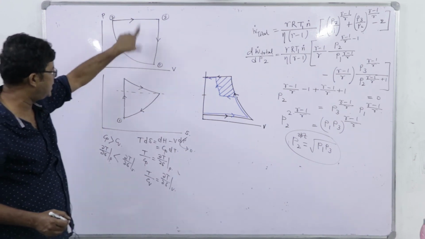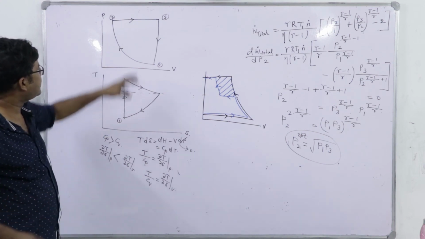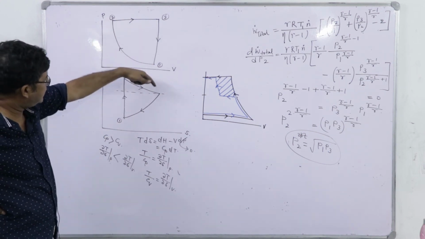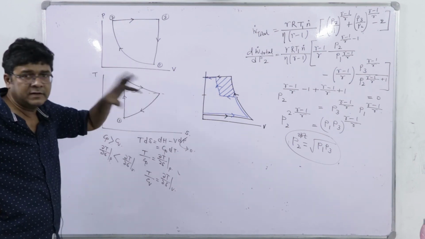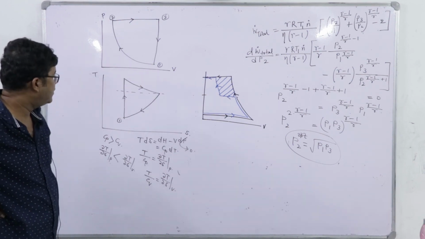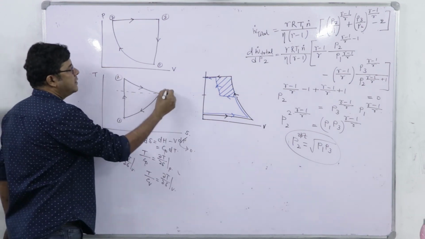Both definitely cannot be an isobaric process here. So if one is isobaric, the other is isochoric. Isochoric has a higher slope, whereas for isobaric, the slope magnitude will be lower. So that's the conversion 1, 2, and 3.